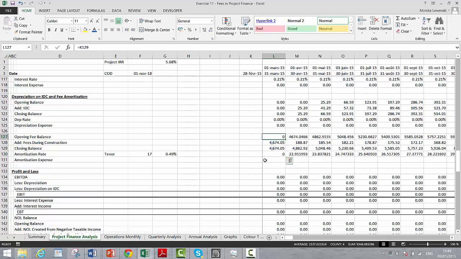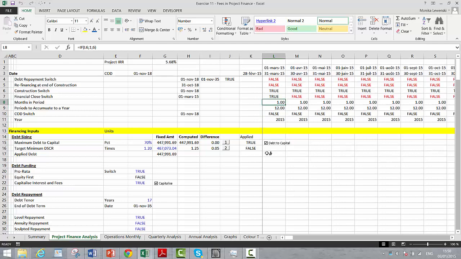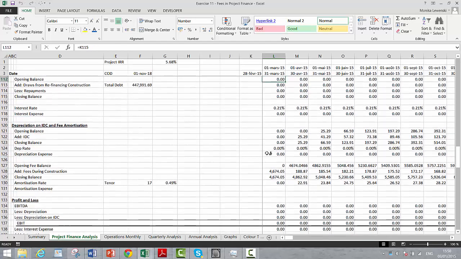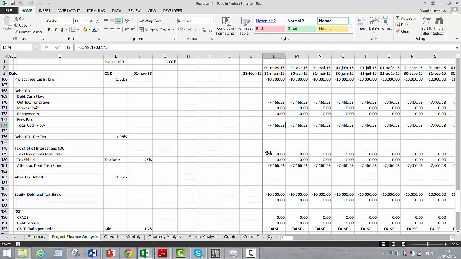So even though that's wrong, let's get that right. Now I think, did we not have a debt repayment switch, so I think that might actually work if we just do it over the debt repayment period.